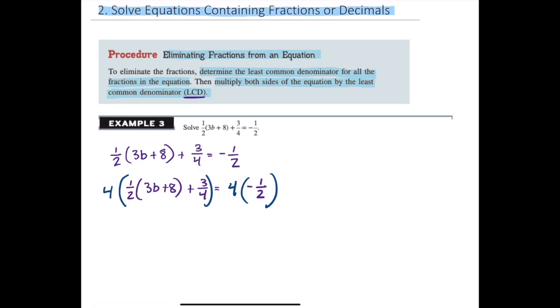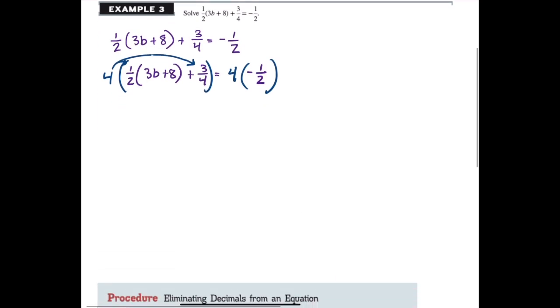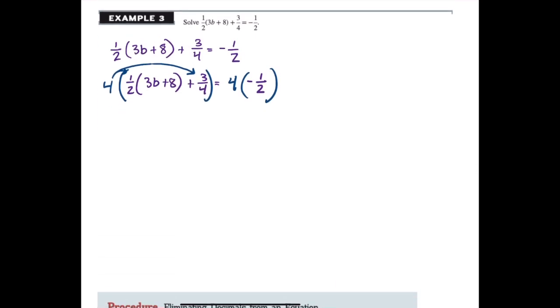So let me write it like this. What we have is, I'll draw my little arrows. So this is going to distribute here, and then it's going to distribute all the way over to the 3/4. And then on the right, the 4 will multiply by the negative 1/2. So I'll write it out first. So I got 4 times 1/2 times 3b plus 8.